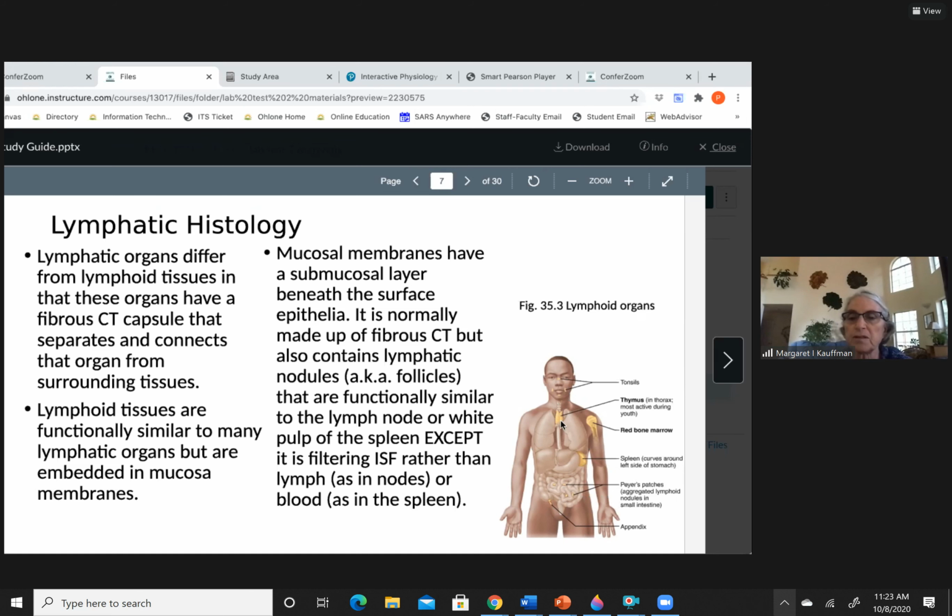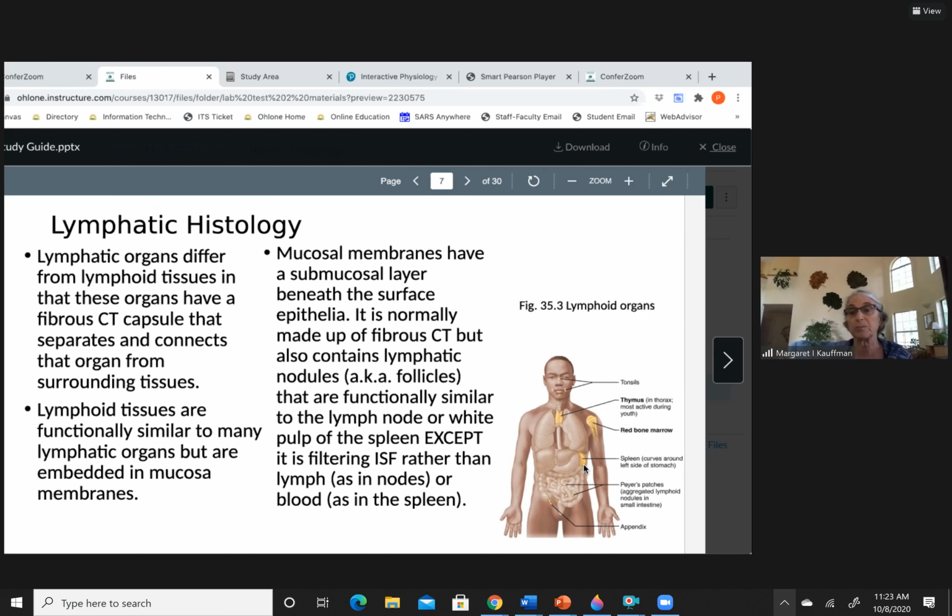So you're going to be drawing the thymus here. Now the thymus is most important in activating your adaptive immune response and selecting proper cells for it. So we're going to hear more about that next week. Then your bone marrow, which of course makes the white blood cells, and the spleen, where you're going to filter blood. The spleen is sort of considered a lymphatic organ because you could dissect it out.